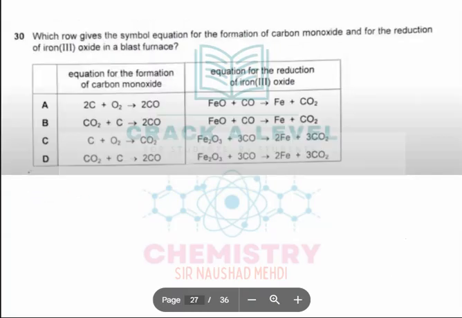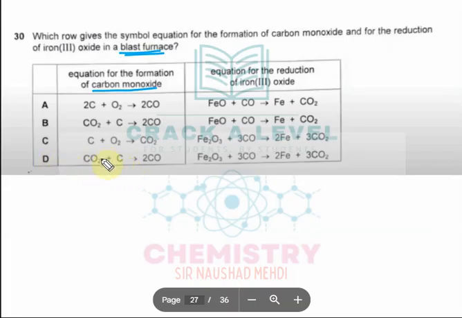MCQ number 30: which row gives the simple equation for the formation of carbon monoxide and the reduction of the iron(III) oxide in the blast furnace? This question is from the extraction of iron. So, the formation of carbon monoxide: in the blast furnace, the carbon dioxide gas is further reduced by the carbon.